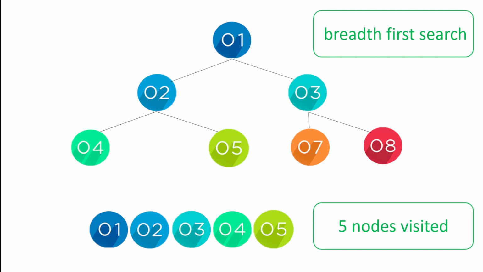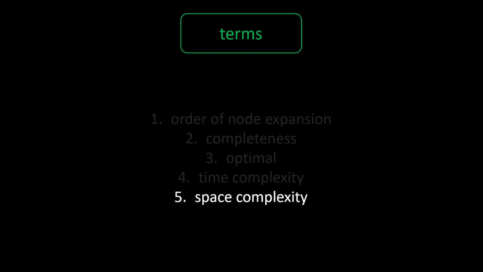We would go 1, 2, 3 and then 4 and 5. So we visited 5 nodes for a breadth first search. Alternatively, with the depth first search, we would go 1, 2, 4 and then 5, which is visiting 4 nodes. So you can see we don't look at time, we just look at the nodes that it's visited.